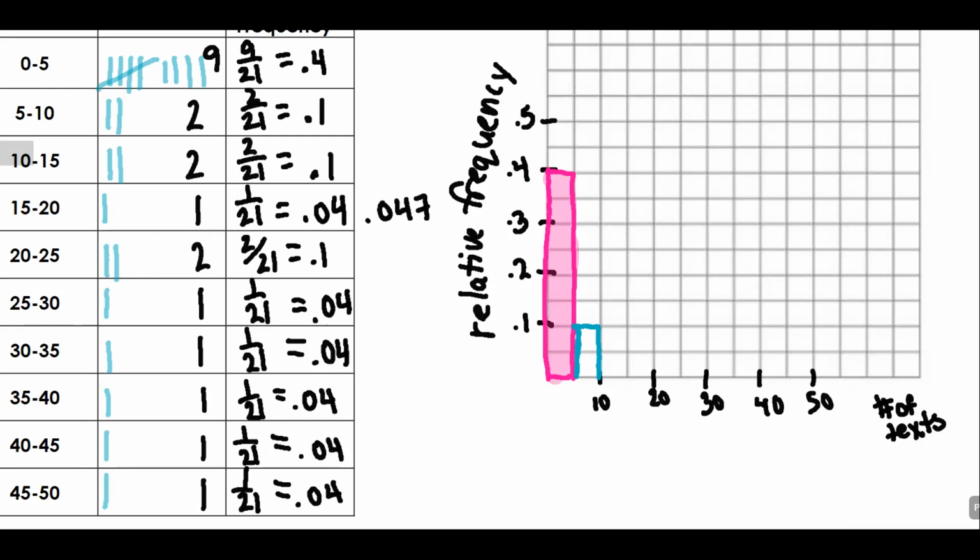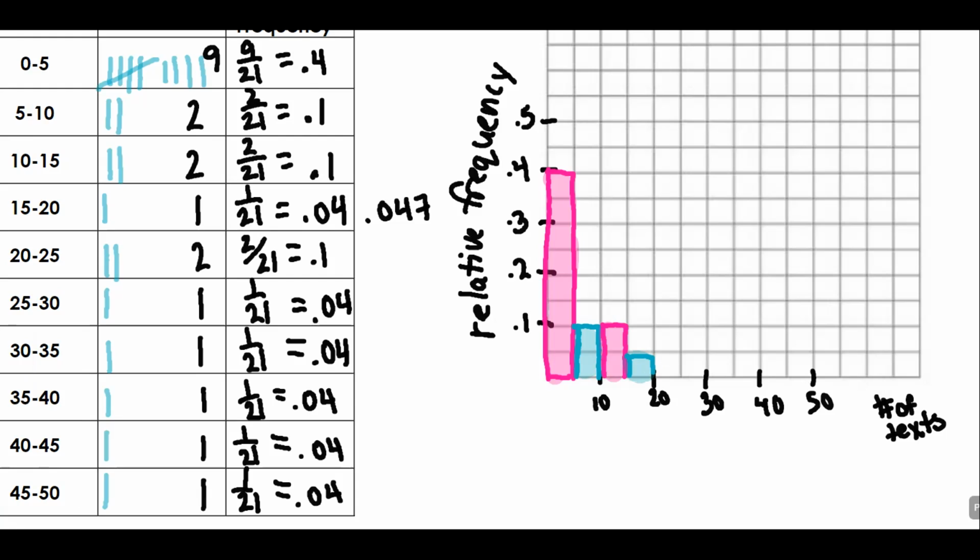And the next one is going to be a 0.1. And then a 0.04. So 0.04, that's going to be not quite a half. And then a 0.1 again.